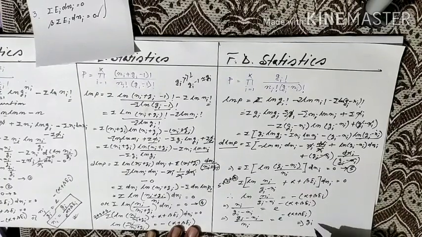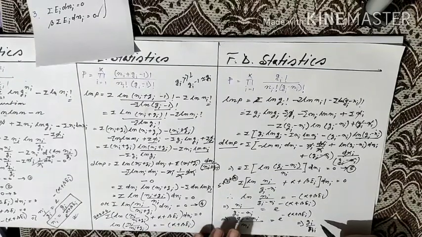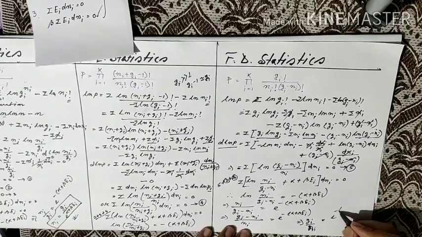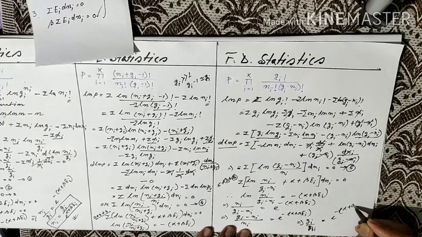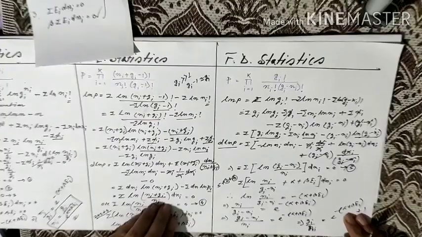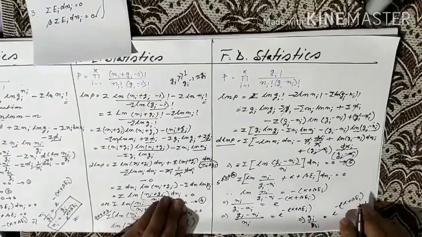So gi by ni, minus 1 will come here as plus 1. I will get e to the power minus alpha plus beta ei plus 1. Okay, so again reverse it.